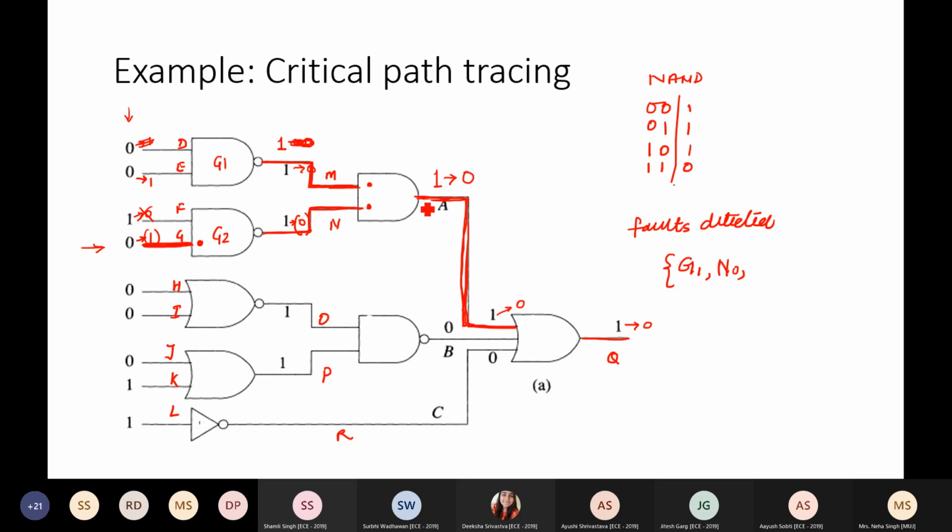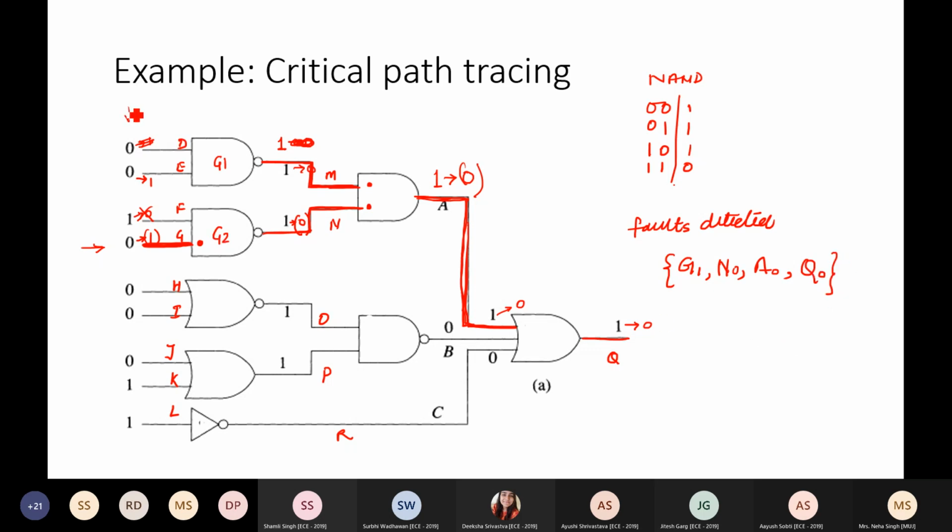Similarly, A stuck at 0. Here, no fault will be detected because the value was not changing. Then A is already detected, and the last fault is at the output, which is Q stuck at 0.